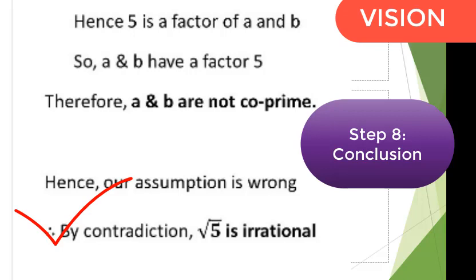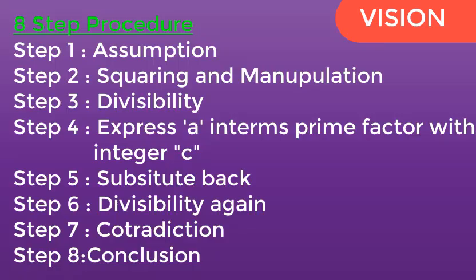The same steps will be followed for whatever sums they ask to prove that the given number is irrational. Those steps are: step number 1 is assumption, step number 2 is squaring and manipulation, step number 3 is divisibility, step number 5 is substitute back, and step number 6 is again divisibility, producing the equation b square divided by 5.